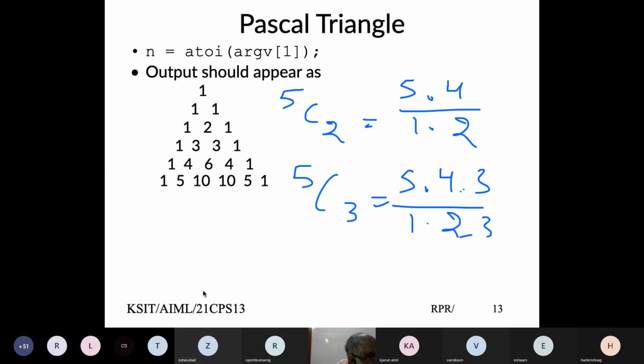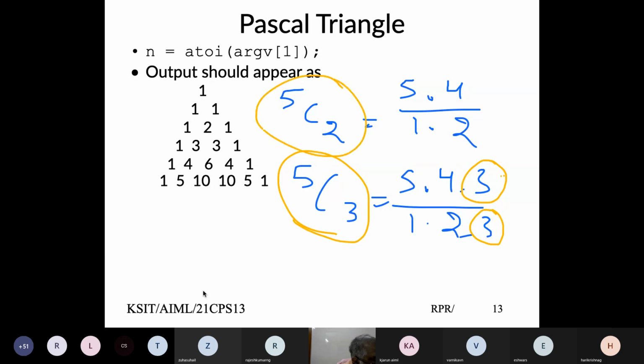So when I compute my next term, I can simply multiply the numerator and the denominator by the respective terms, which is n minus r plus 1 and this is just r. So I take my previous term, multiply the numerator, and divide by the denominator, one extra term, and I get the next term.